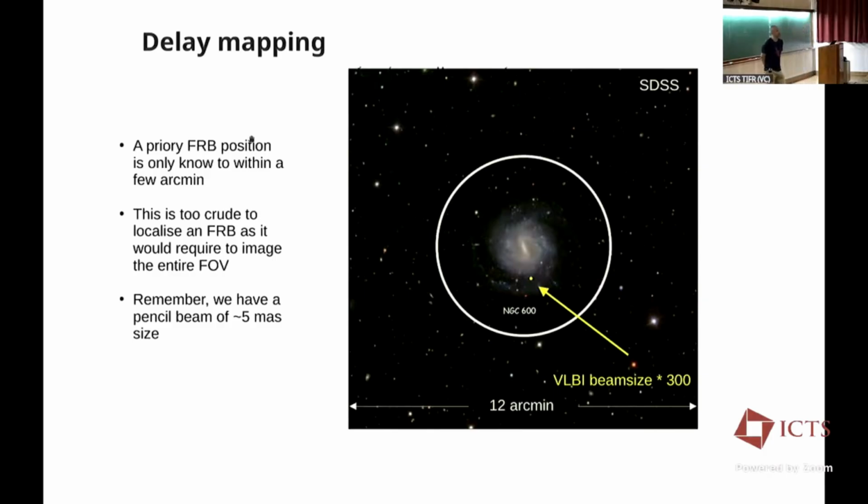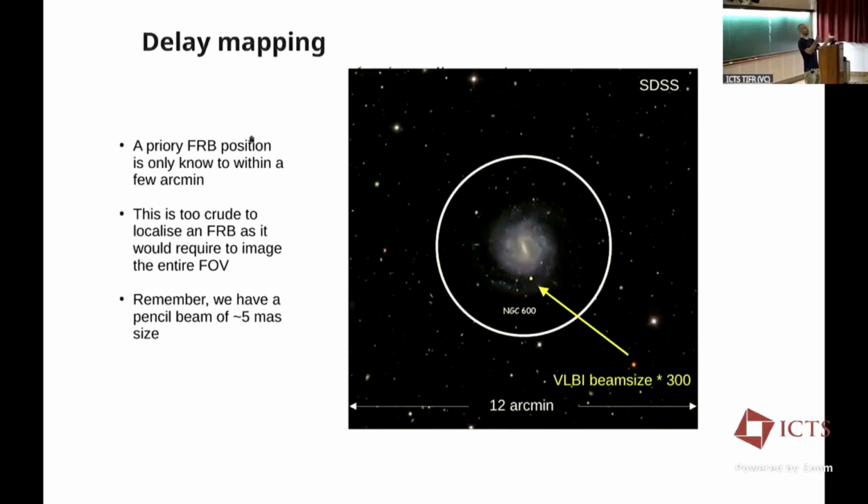Initially, we have no idea where in our full field of view, because the full field of view is given by the Effelsberg beam, but our pencil beams, our resolution is still 4 milliarc seconds. We have initially no idea where inside this field of view of Effelsberg our FRB really is.